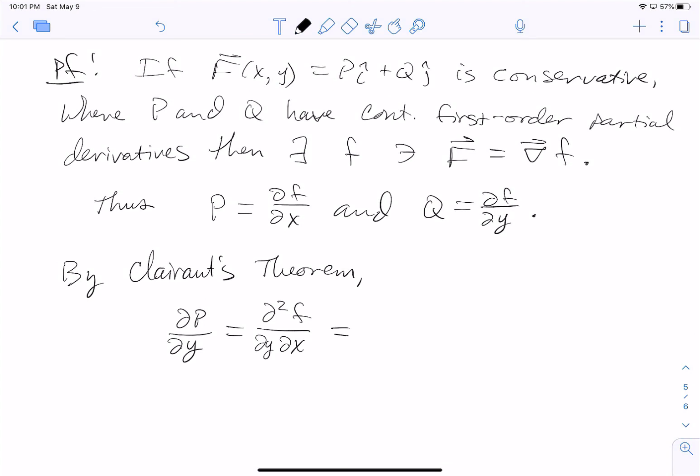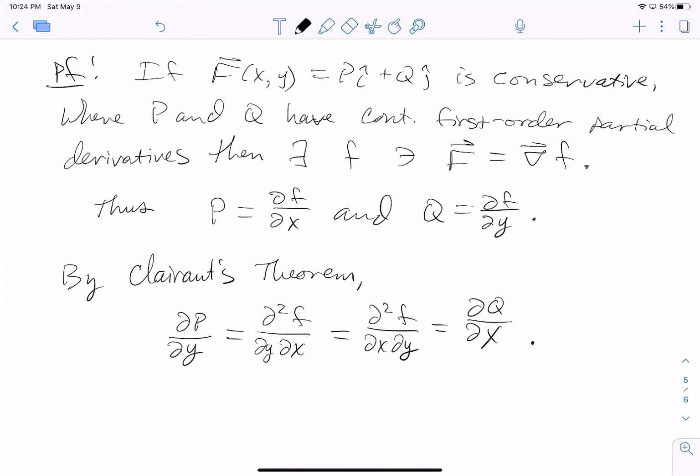What Clairaut's theorem says is second mixed partial derivatives are equal. And so the second partial of f first with respect to x and then with respect to y, and that happens to be the partial of P with respect to y, equals the second partial of f first with respect to y and then with respect to x, which means that's the same thing as the partial of Q with respect to x, because Q is already a partial with respect to y. And that does it for the theorems that set up our work in this section.